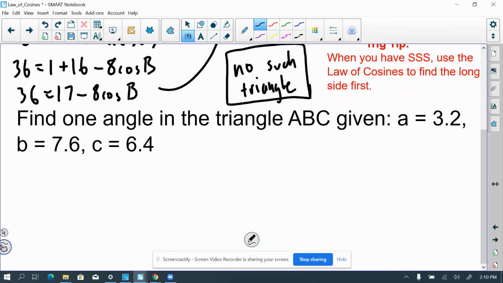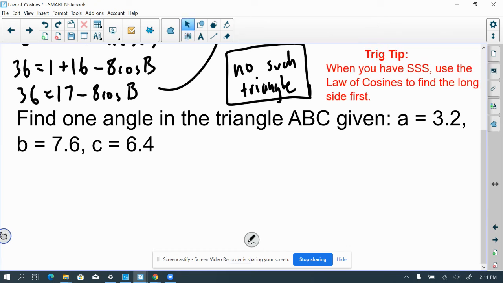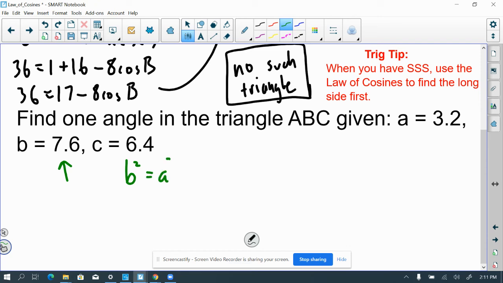Last one. Find one angle in the triangle given these three sides. Again, we have side, side, side. Don't forget your trick tip. If you ever have side, side, side, you got to find the longest side first, which in this case is side b again. So I'm using b squared. Write this down so you internalize it.